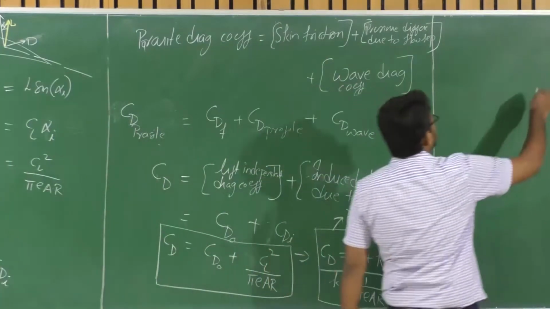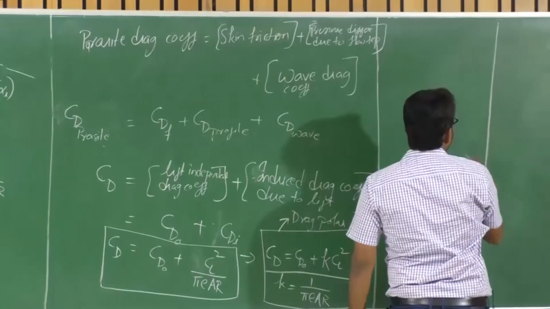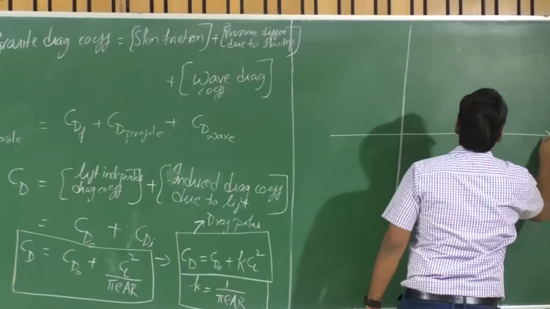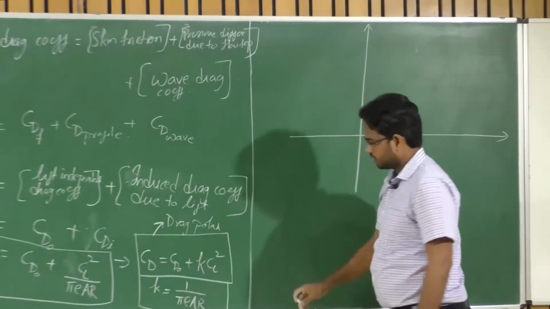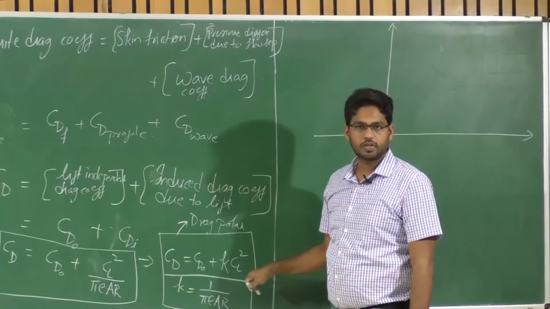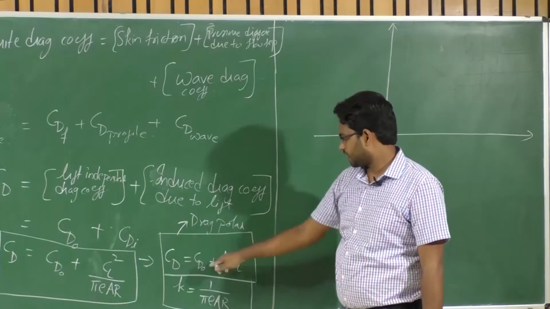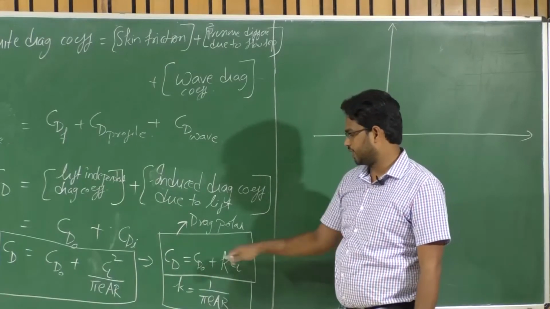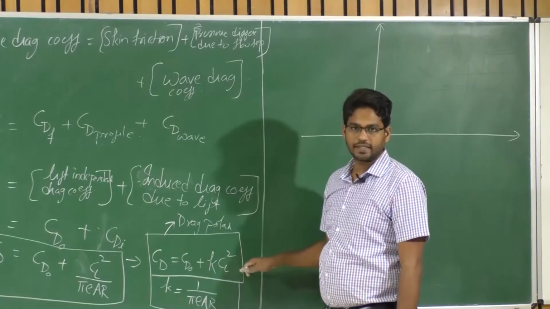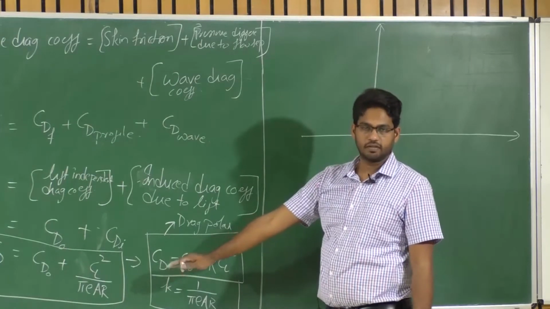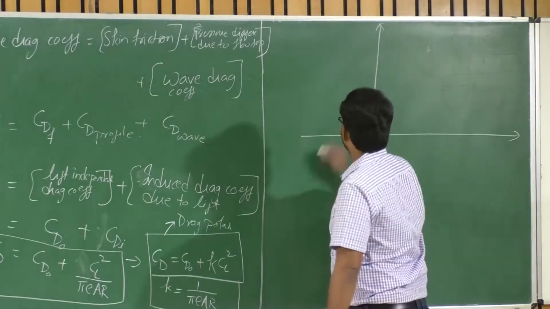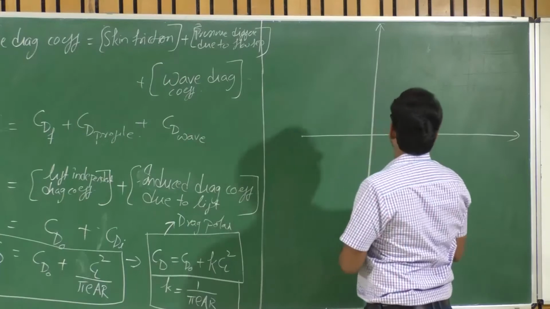So if we look at the variation here, if I plot CD with CL, how does CD change in the lower subsonic speeds? Here you can see CD naught is the lift independent drag, isn't it? So as CL changes, we have variation in CD.